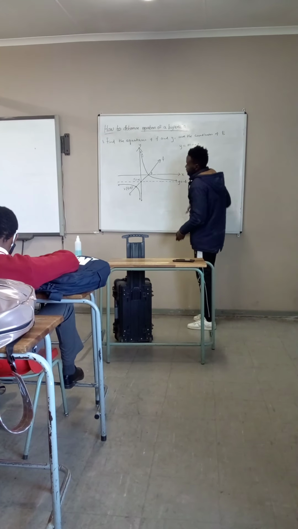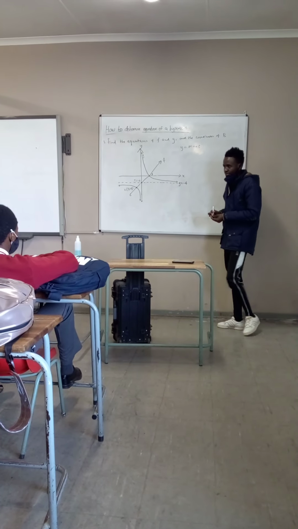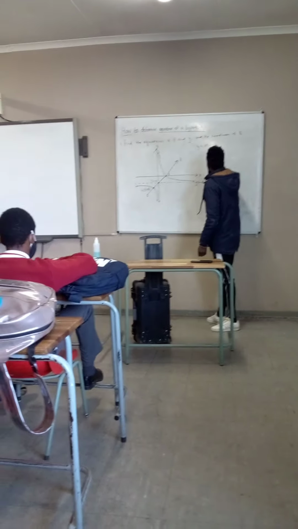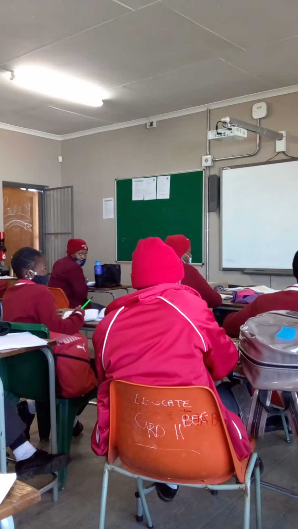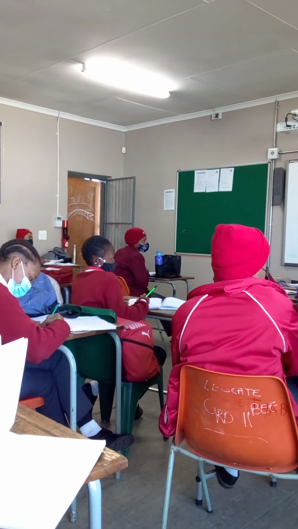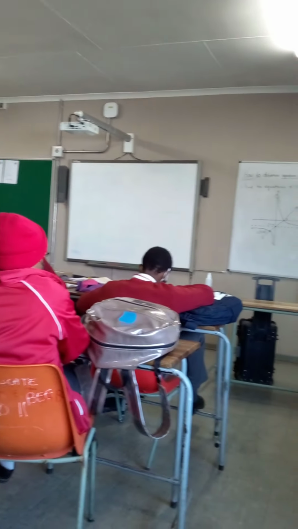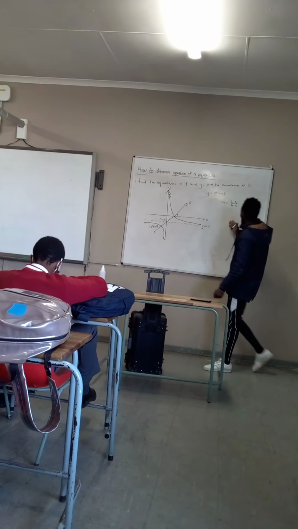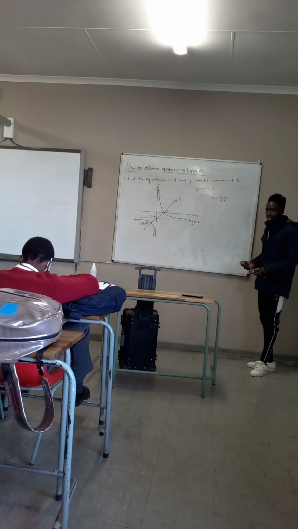Now, we have point P, we have point Z. For us to find the gradient M, what is the formula? M equals Y1 minus Y2 over X1 minus X2, or you can say Y2 minus Y1 over X2 minus X1.